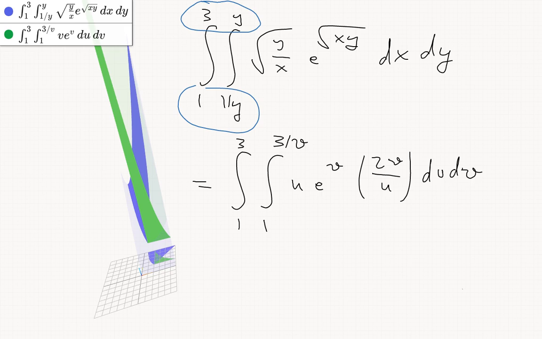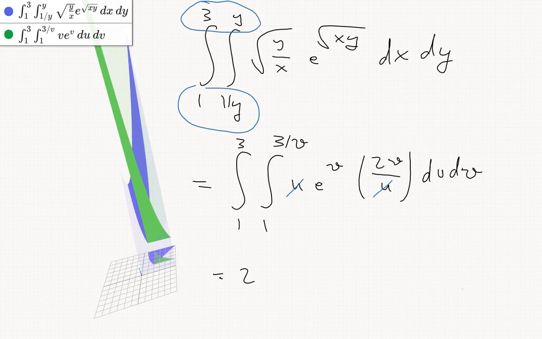And then this function in the UV plane is also graphed now. So inside, these cancel out, so we're just integrating 2v e to the v.